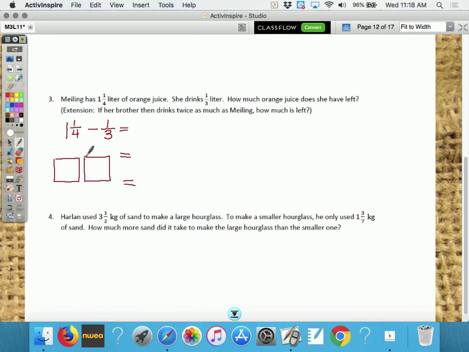Well, 1/3 is larger than 1/4. So the problem here is I can't subtract a larger number from a smaller one unless I know my negatives, right?